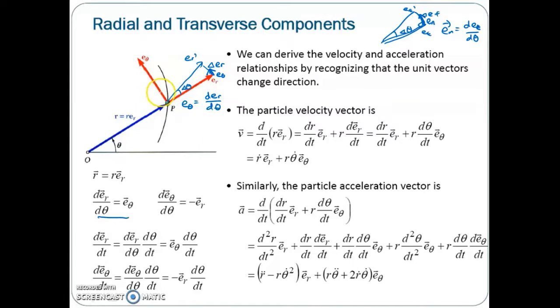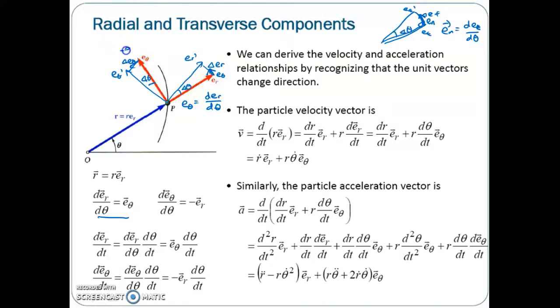Similarly, if we look into this e_theta vector, we have another one at e_theta prime. So this is delta theta. So here is our delta e_theta. When this delta theta is approaching 0, then we will have a unit vector that is perpendicular to our e_theta, which is similar to e_r but in the negative direction.